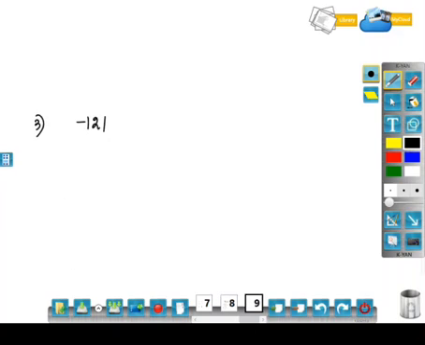Minus 121 divided by 11. So minus 121 divided by 11, it will be minus 11. Okay, all of you are giving the correct answer. Very good.